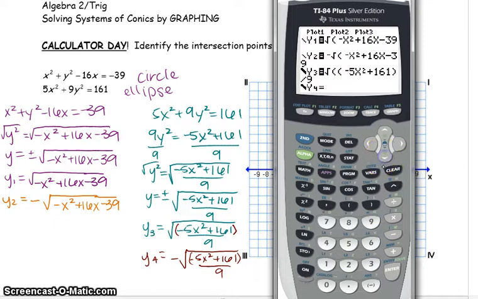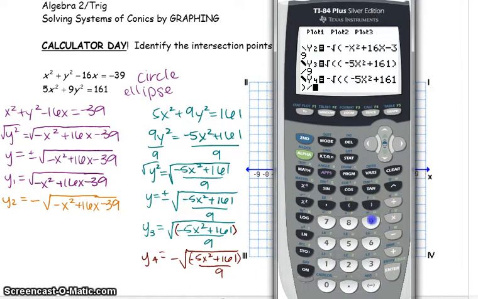And then let's go down to our y4. So we should have negative square root of parenthesis, negative 5x squared plus 161, close our parenthesis, divided by 9. Alright, and as we try to look at these graphs, we need to make sure that our window is in its standard form.